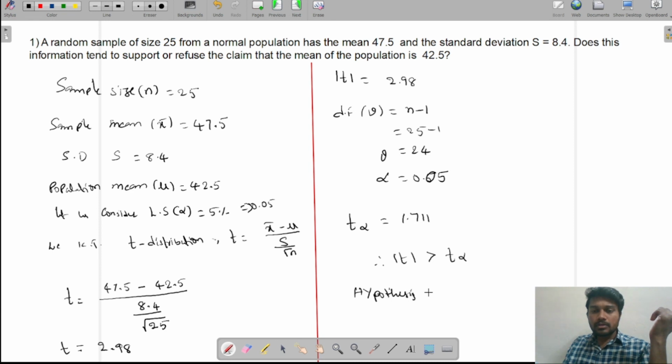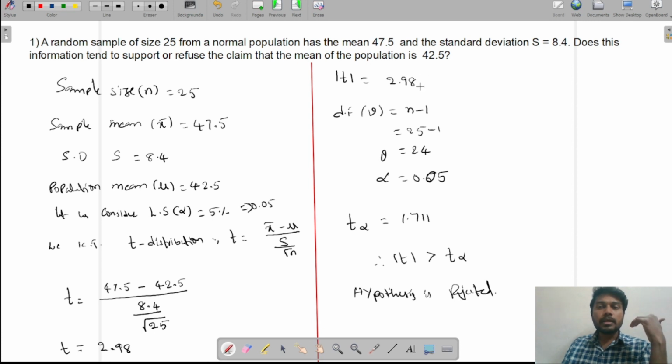Hypothesis is rejected. So the hypothesis is rejected in the sense that the question asks us to find whether this information tends to support or refute the population mean 42.5.